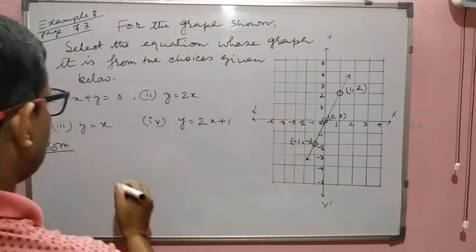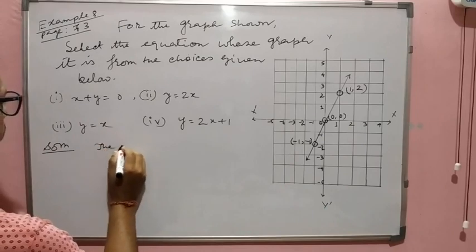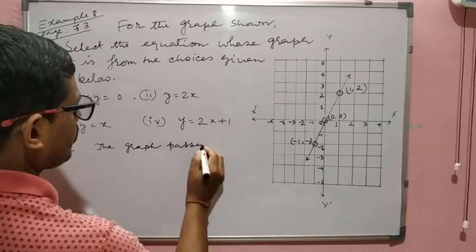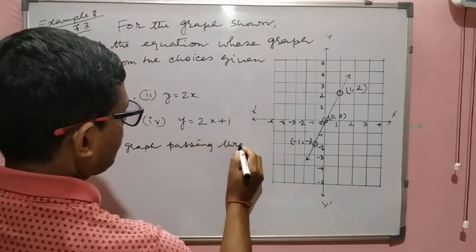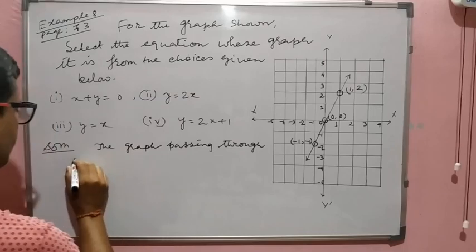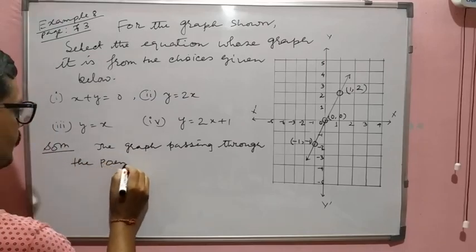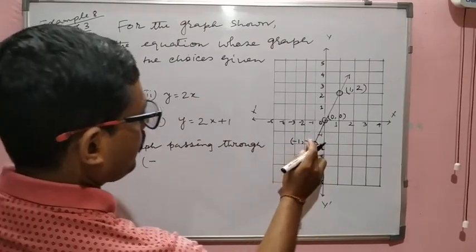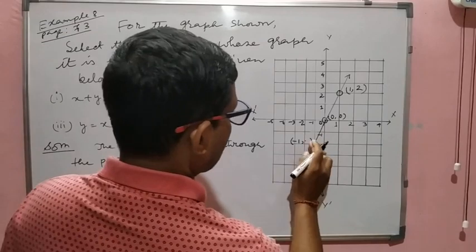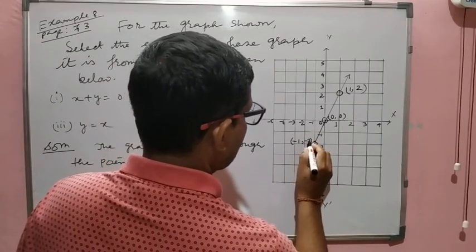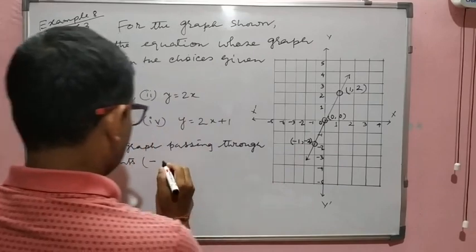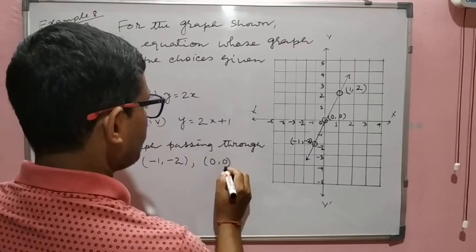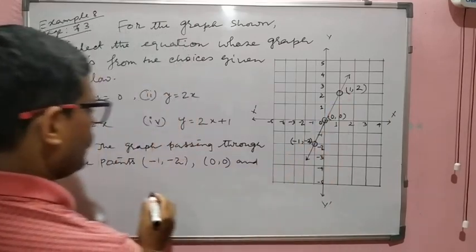See here, the graph is passing through the points minus 1, minus 2, 0, 0 and 1, 2.